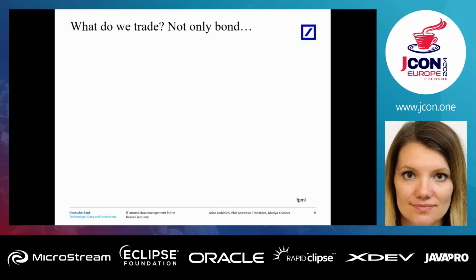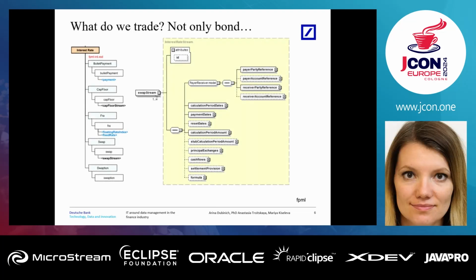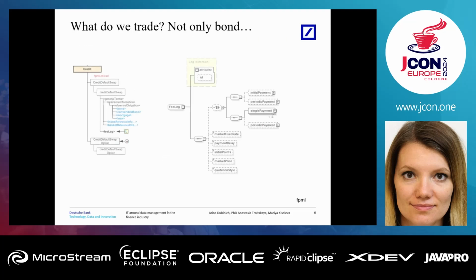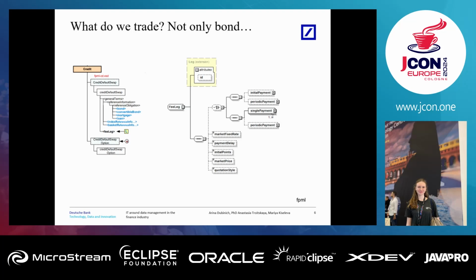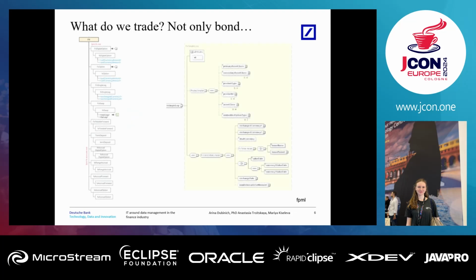So, for example, this is an interest rate swap, and this is how it is described. Or I can give another example. This is a credit default swap that we also support, and this is how it can be described. What about foreign exchange products? When I want to buy euros in exchange for dollars, such products may be described like this.